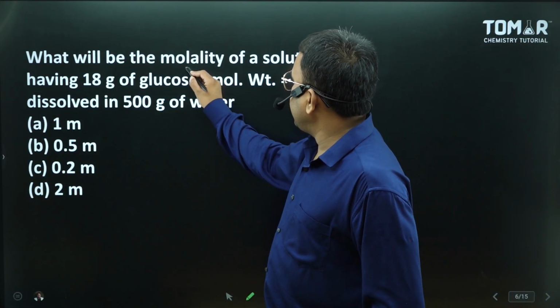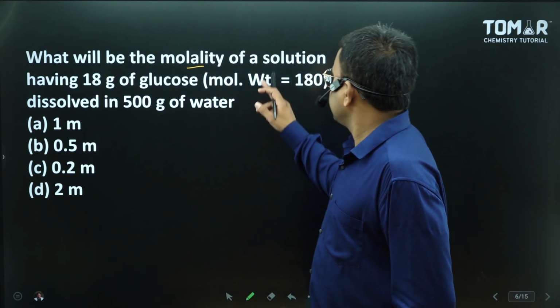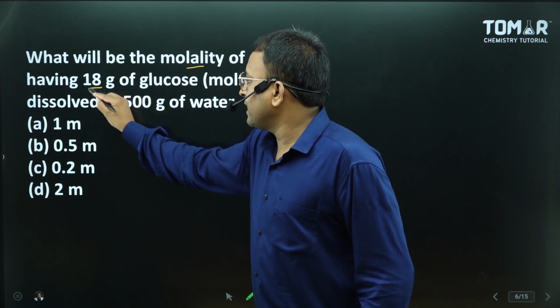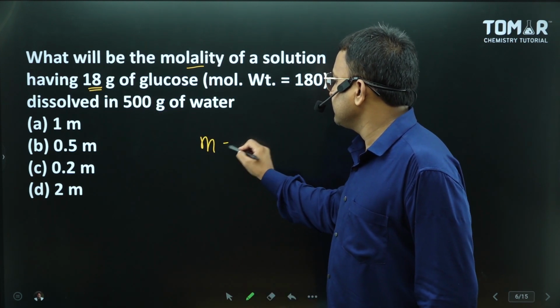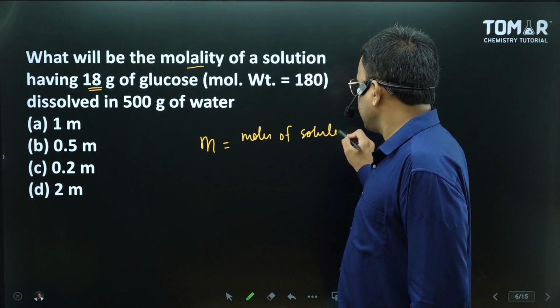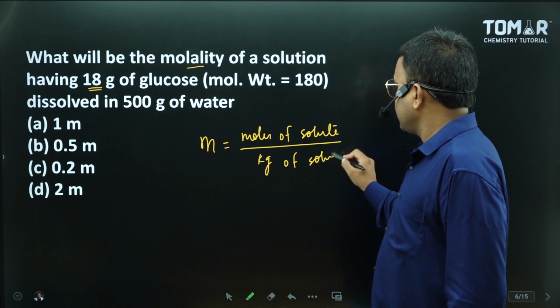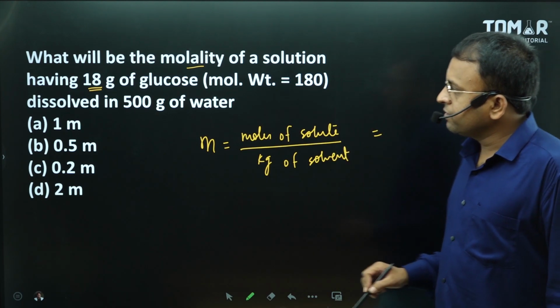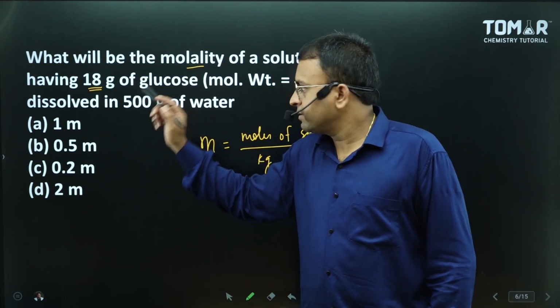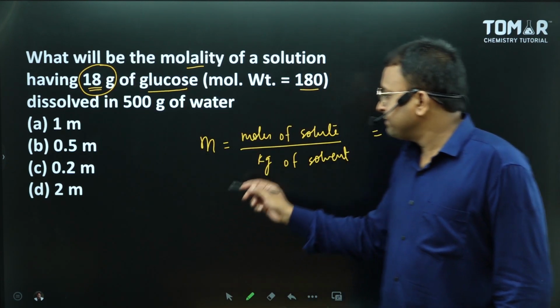What will be the molality? Molality is moles of solute per kg of solvent, of a solution having 18 gram glucose. So moles of solute is weight of solute, 18 gram of glucose. Glucose has molecular weight of 180.